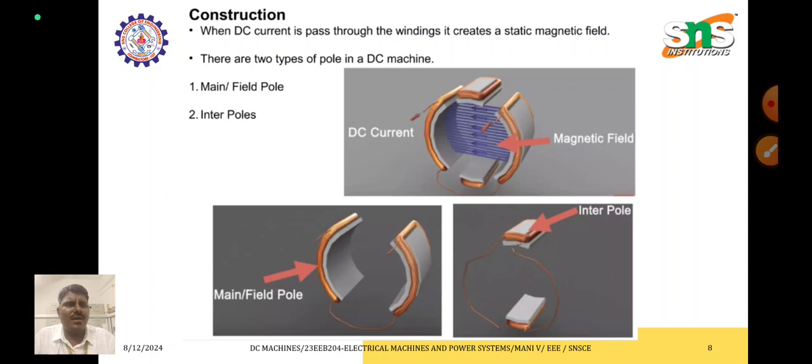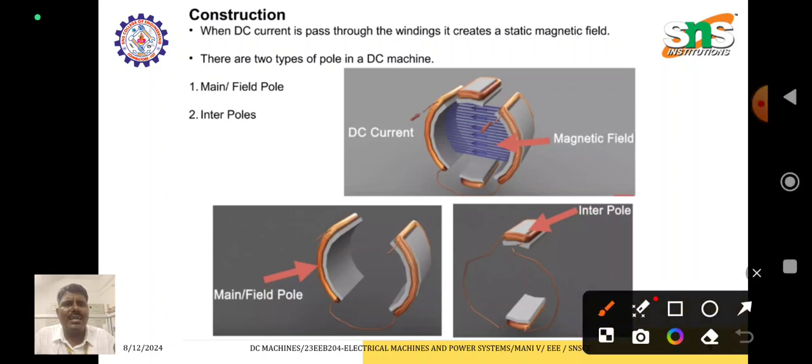The next, when a DC current is passed through this field winding, it creates a static magnetic field. There are two types of fields in a machine, one is the main field and the other is the interpole. This is the main field winding. It will be large in size, and the interpoles are small in size.